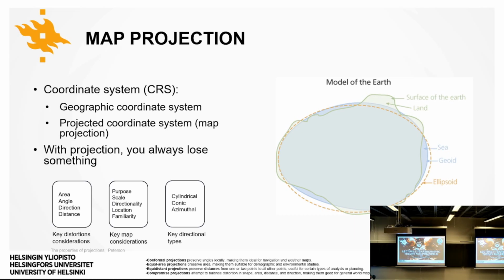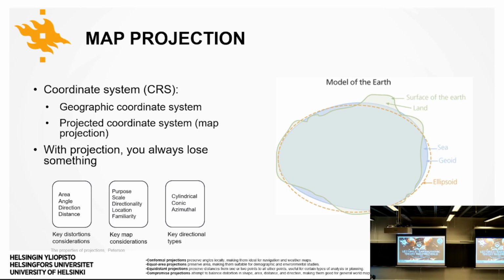Then we have equal area projections that preserve the areas, but they mess up, for example, the angles in your map. So these are not good for navigation, but if you are making a map of, let's say, Europe, and your point is to show how big the countries are compared to each other, then you want to go with a projection that preserves the areas because that's the point of your map.